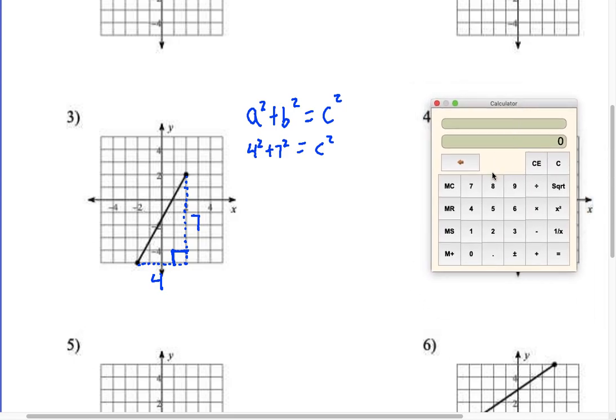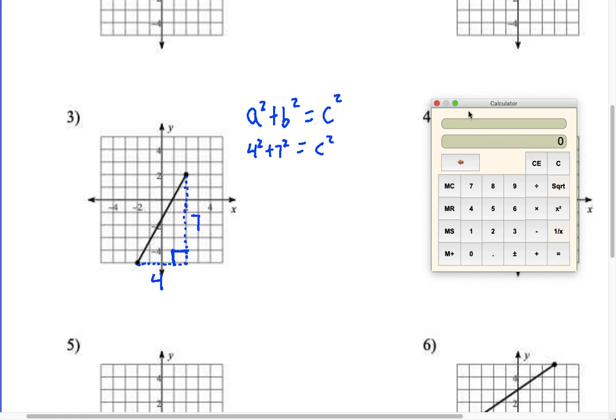If you take your calculator and do 4 squared plus 7 squared, boy, something didn't work right. Sorry about that. Okay, let's try that again. 4 squared plus 7 squared. Oh, this calculator is no good. Your calculators will do it.